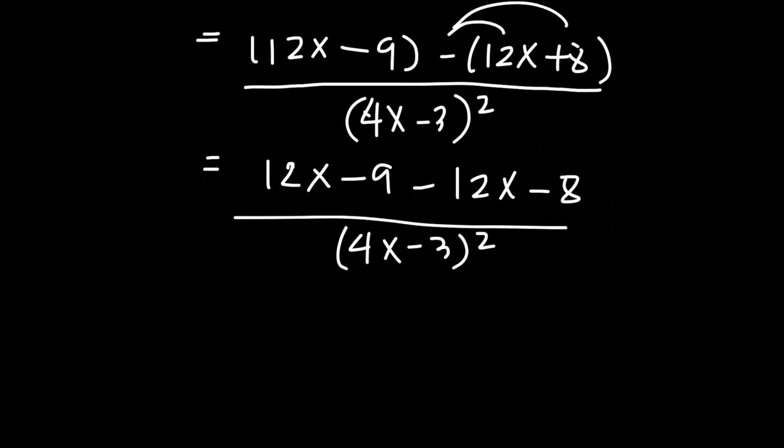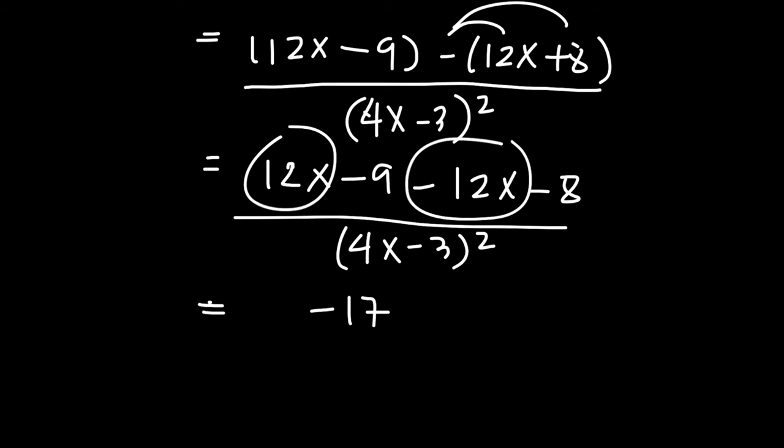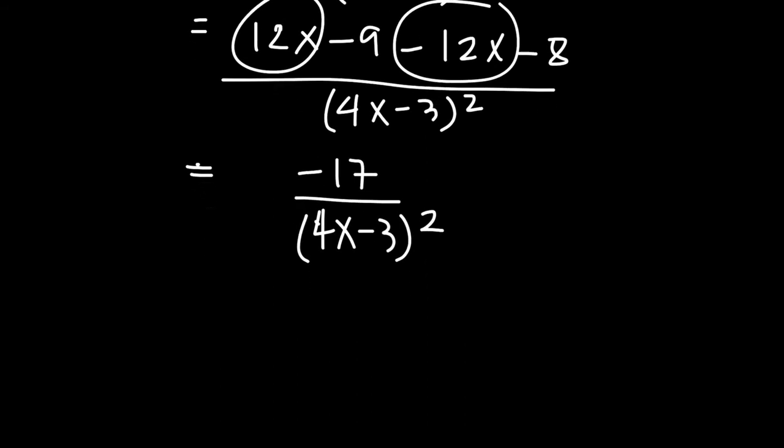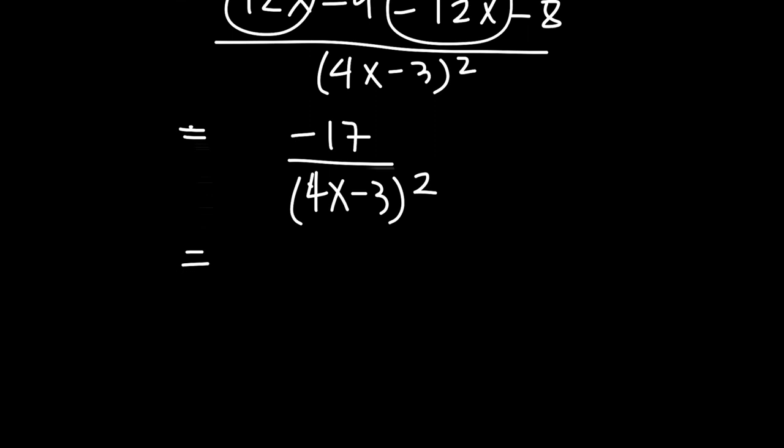And then continue simplifying the expression. You have 12x minus 12x, so these two together will become 0. Negative 9 minus 8 is negative 17, and then divided by 4x minus 3 squared. And that's basically the derivative of the function given. So with this, you can still expand if you want.